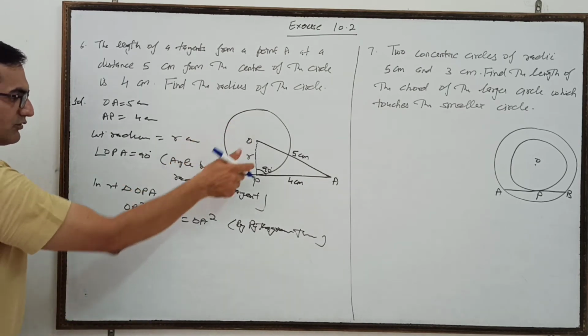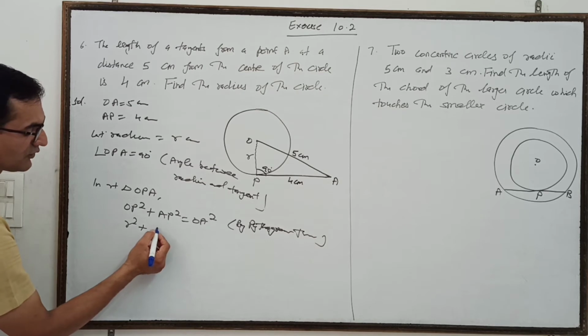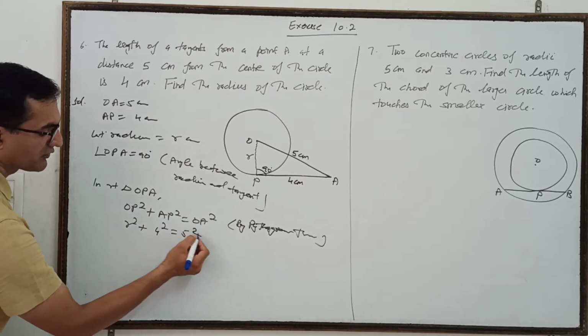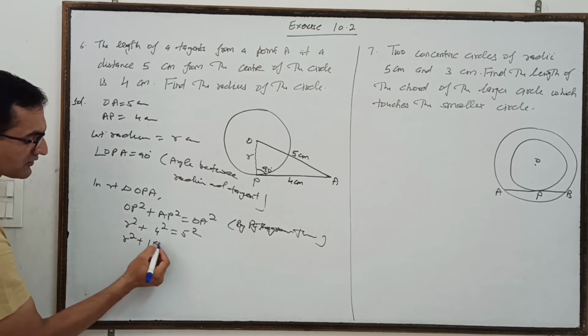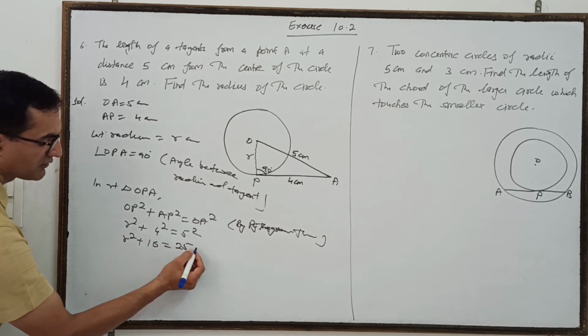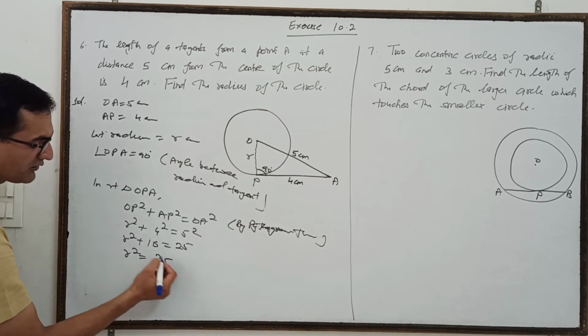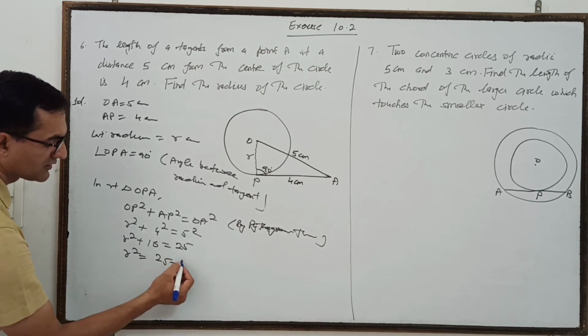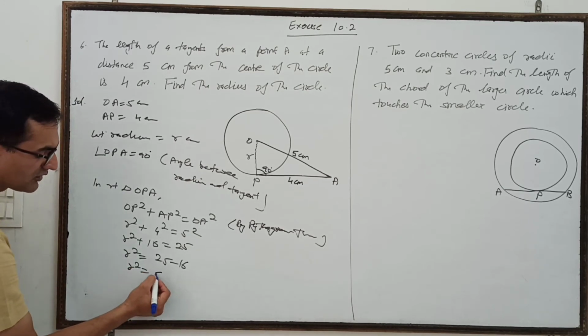Now what is OP? OP is r, so r square plus AP, which is 4 square, is equal to 5 square. R square plus 16 is equal to 25. Take 16 to the other side. R square is equal to 25 minus 16, so r square is equal to 9.